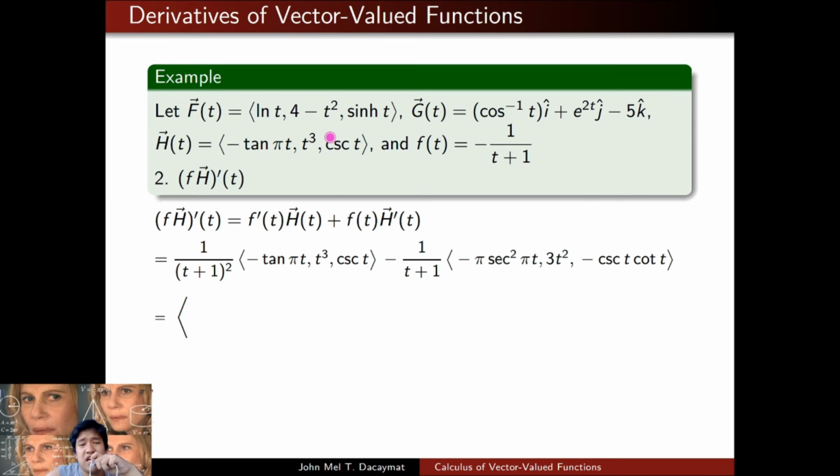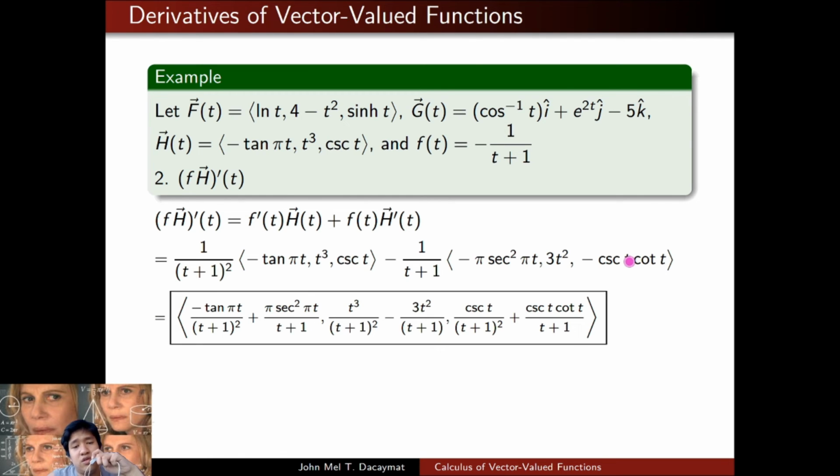And then the rest is just arithmetic. I'll distribute this here, and then add the 2. I'll get this answer. So, syempre, pareho lang yan dun sa kanina, but hindi tayo nahirapan mag-differentiate.